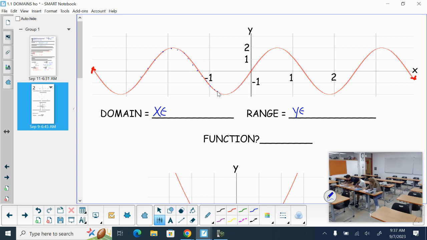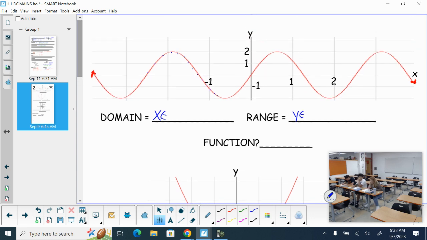Do we have anything, any values of x that we don't use in our graph? What would be your range values, your y values? Then what's your domain?